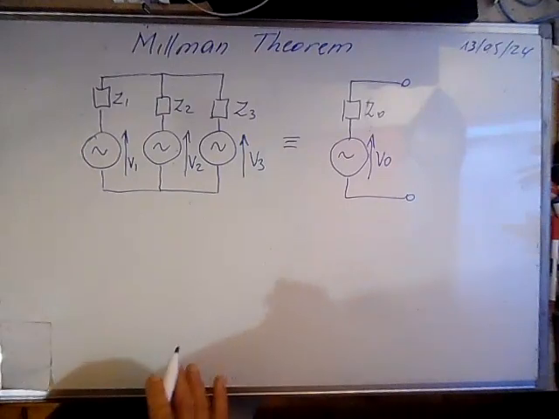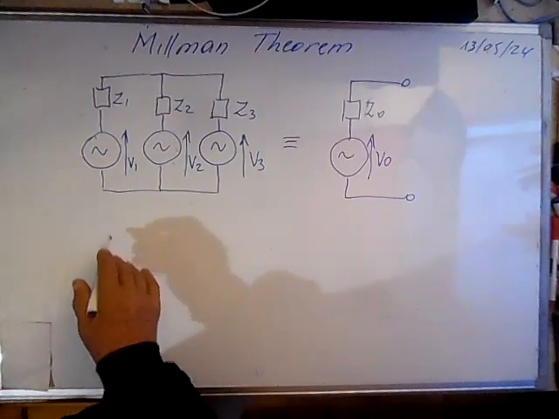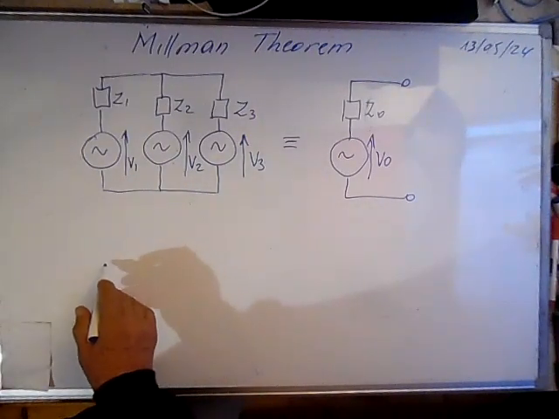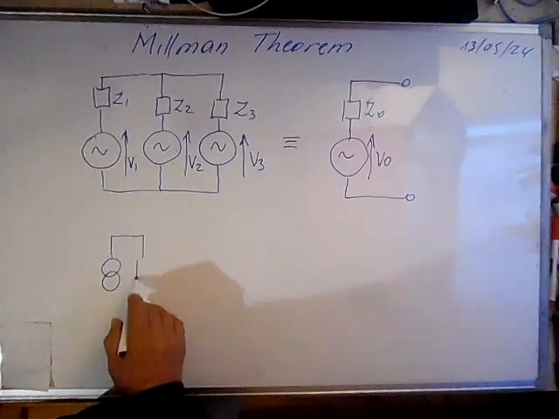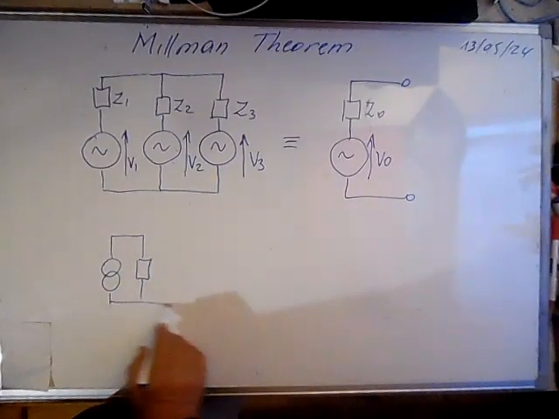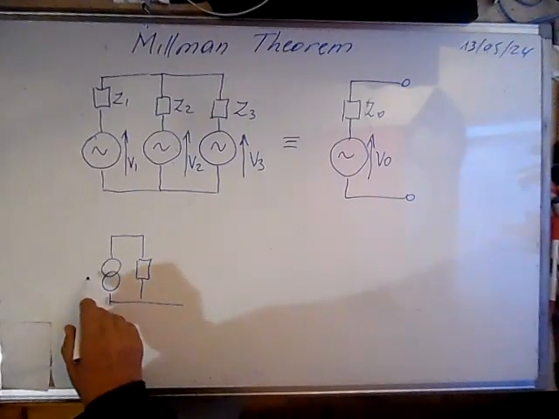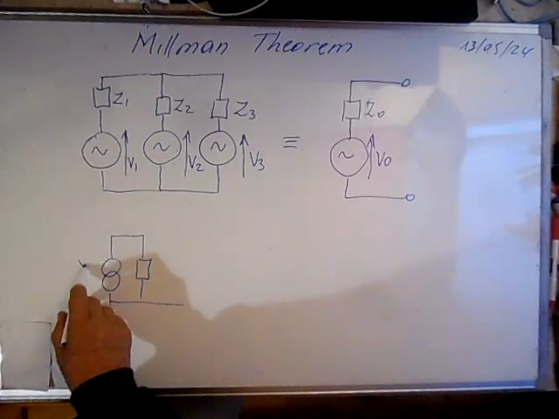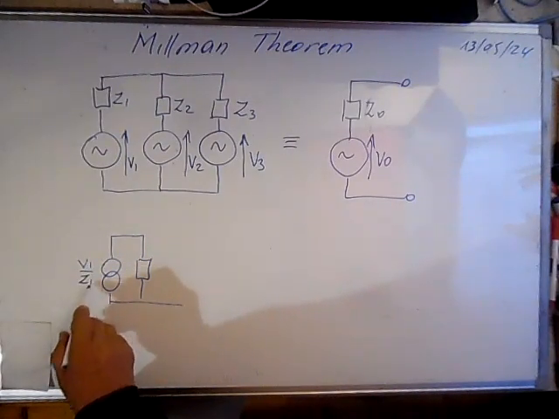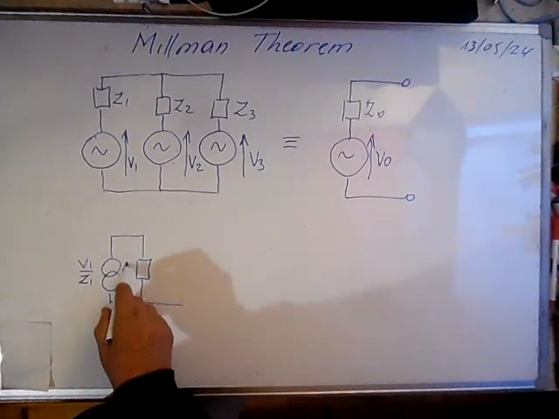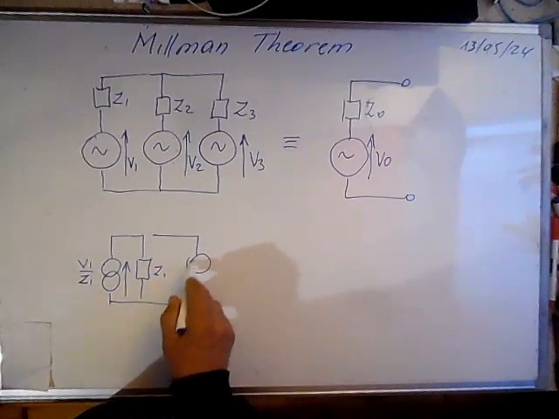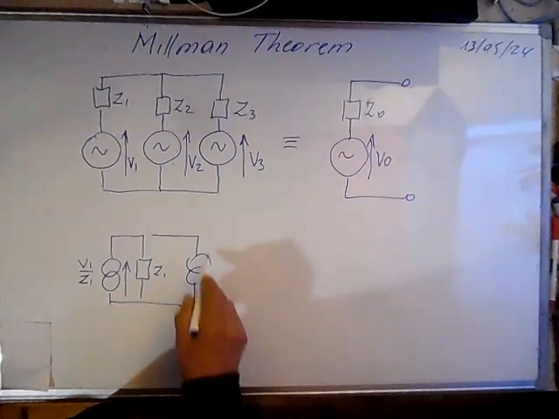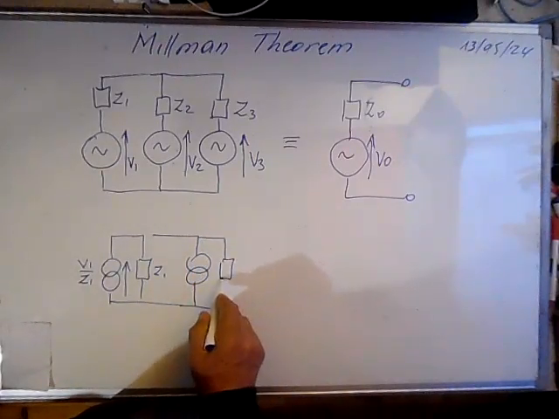How do we do it? First of all, we transform every voltage generator to a current generator. So the first one we can transform to this one. Here we have V1 over Z1, the current generator. Here we have Z1. The second generator we can transform to this one.